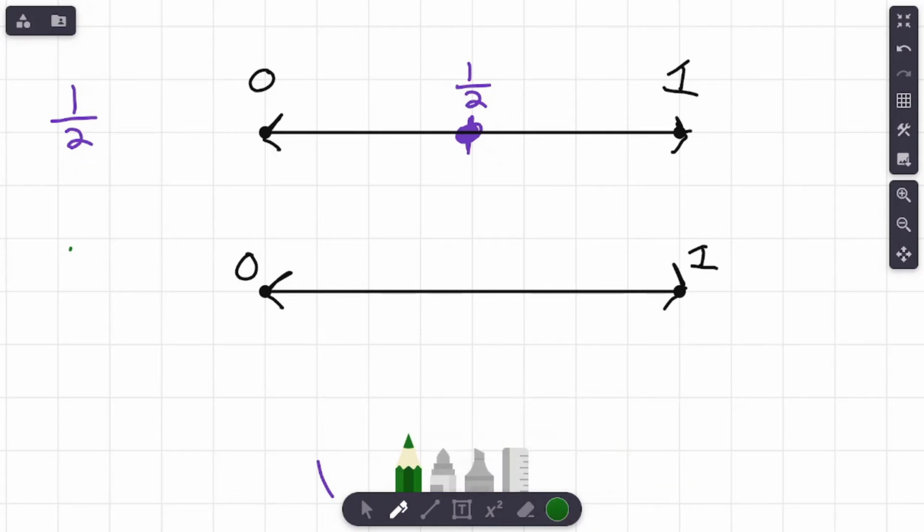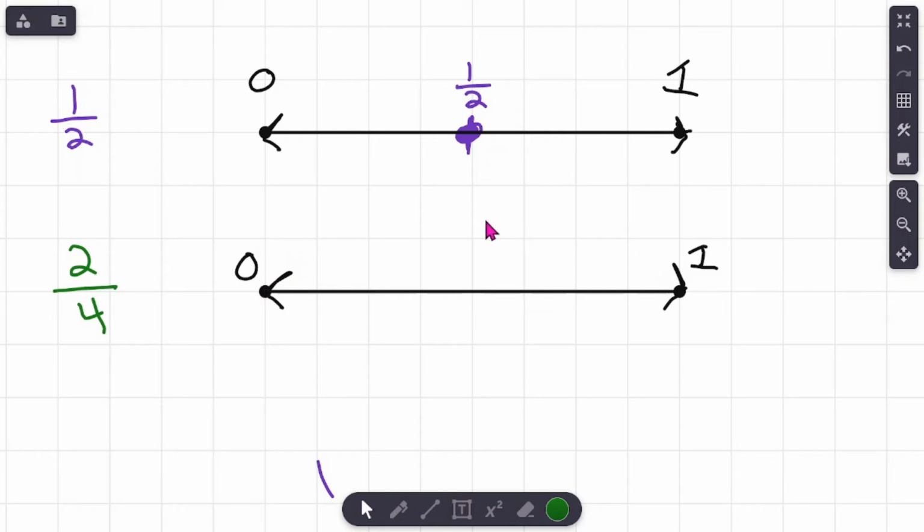And this fraction that we're going to take a look at is the fraction 2/4. Okay, 2/4. And what I want you to do is the same thing we just did on 1/2. I want you to take 2/4 and partition it on this number line. Show us 2/4 on this number line.